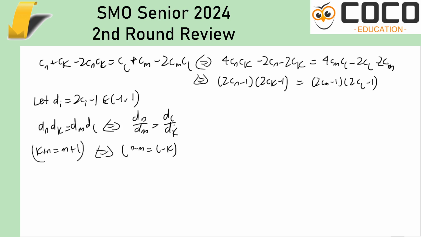And so in the case where n minus m and l minus k equal 1, it gives you this, which is basically the meaning of a geometric progression.